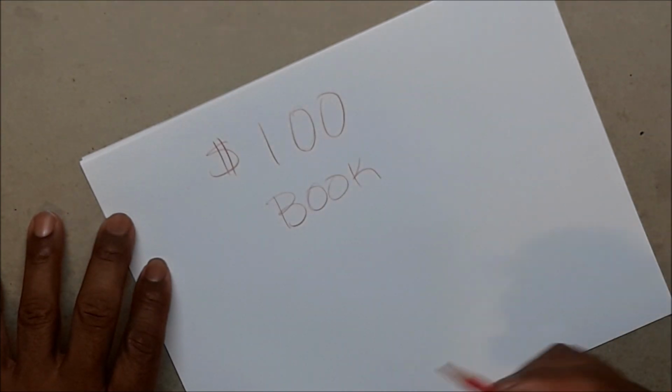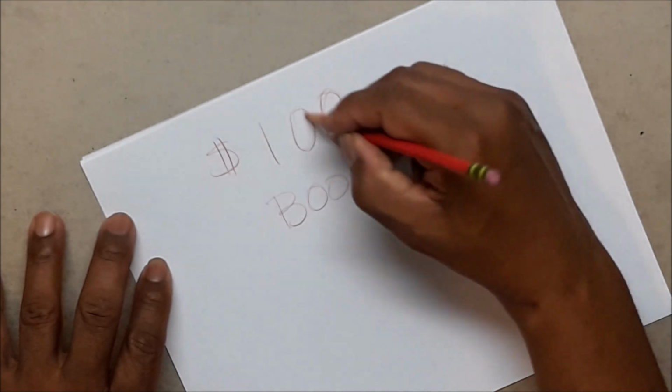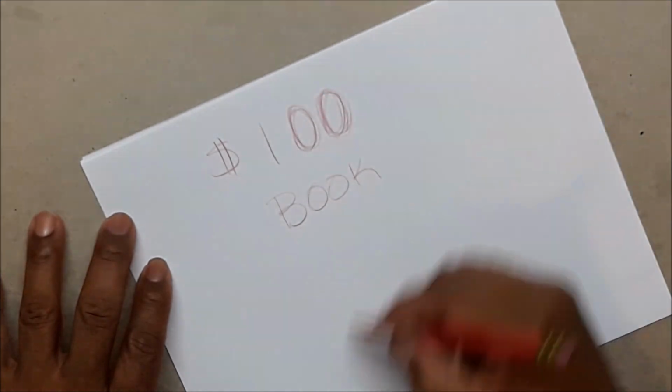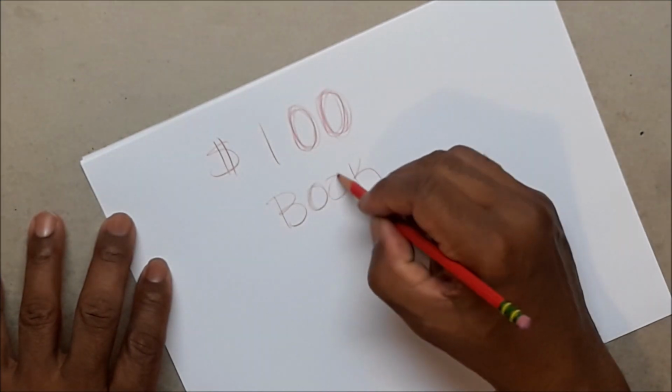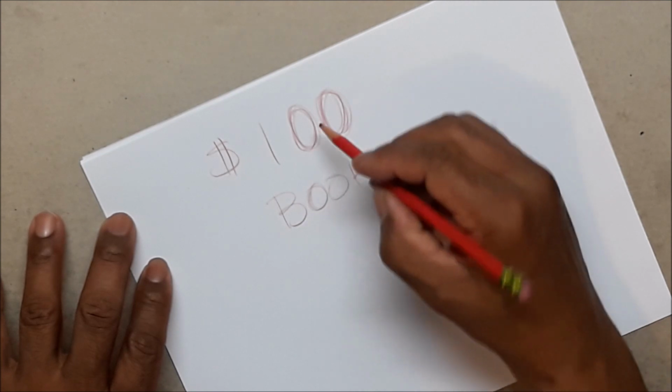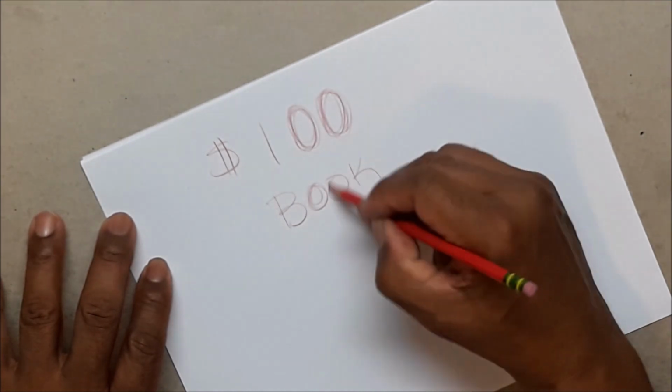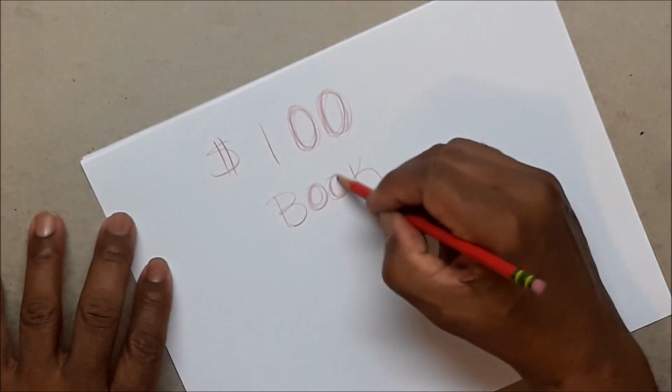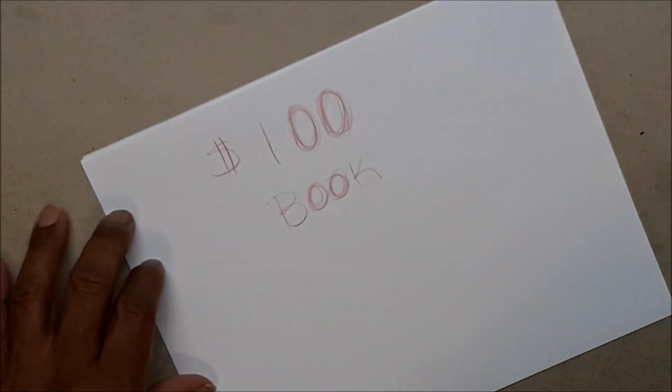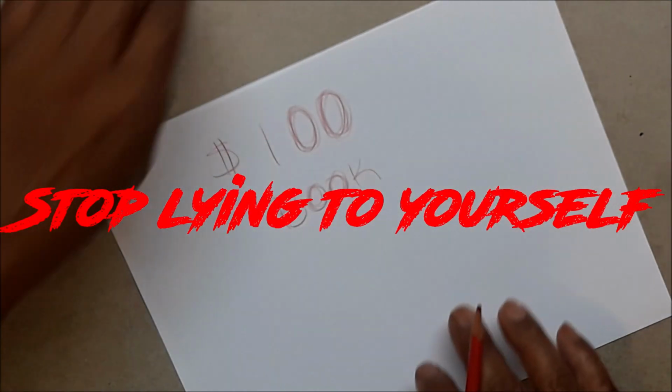So stop saying I can't draw a circle and I can't draw an oval, because you do that every time you do the number 0, and every time you do the letter O. So for all you people who say you can't draw, now you can draw.